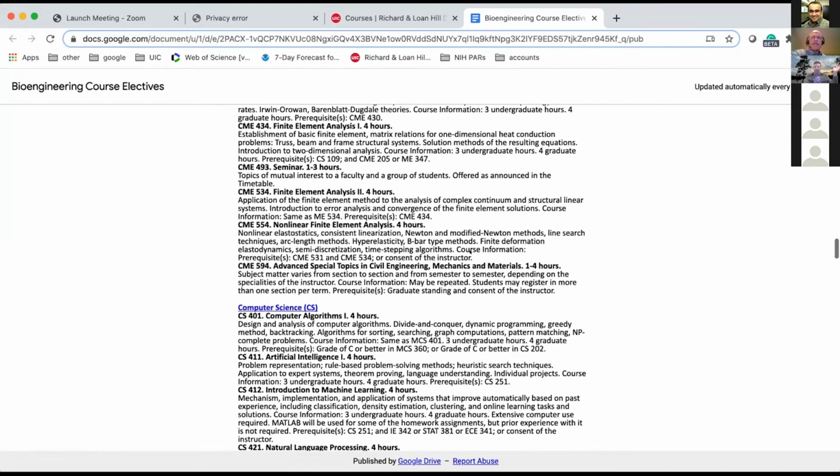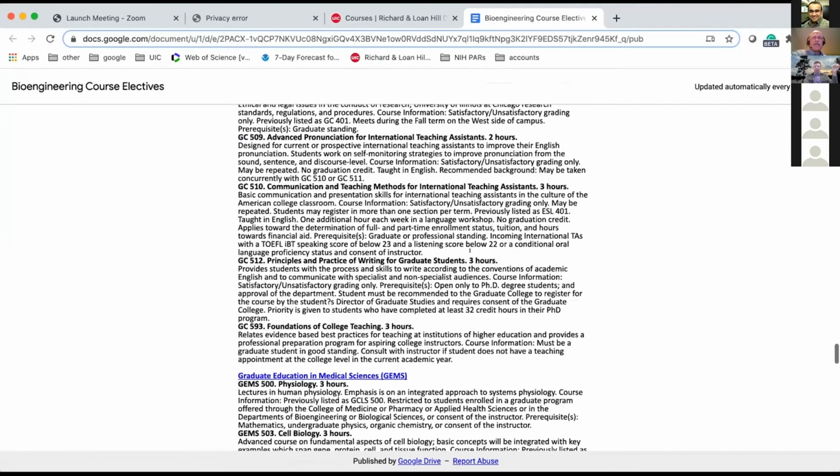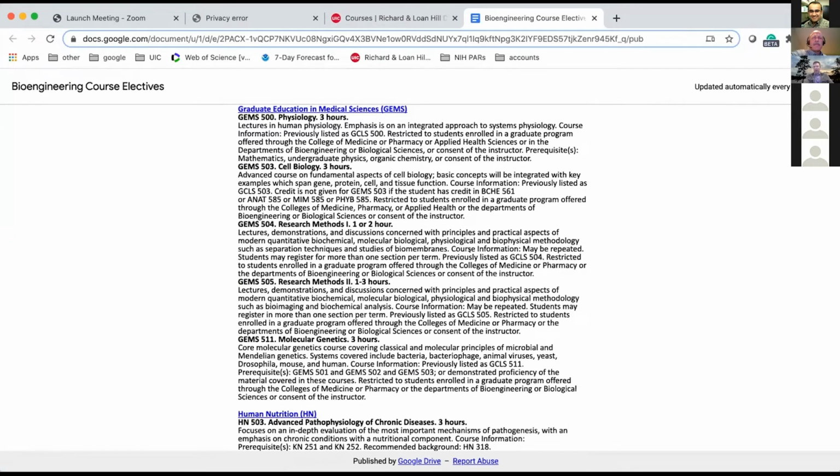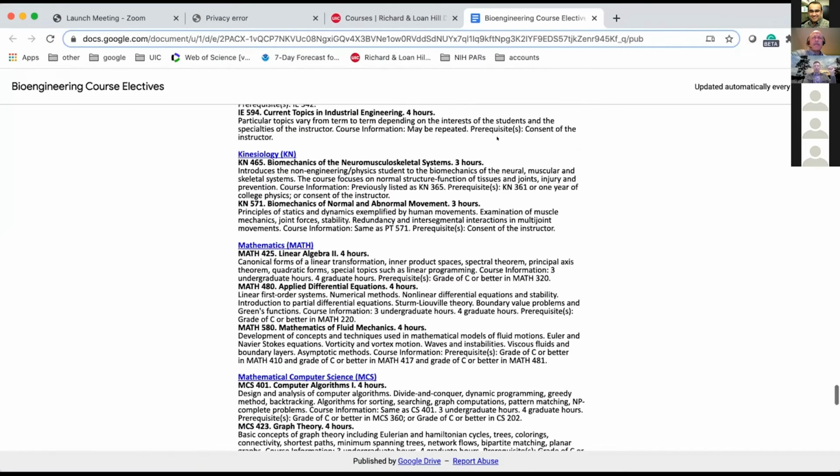So you can specialize in computer science, mechanical engineering, entrepreneurship, other biomedical science courses, all across the board. And so the coursework is very open-ended, as long as your thesis committee, if you're doing a thesis, agrees with it, or you're taking STEM courses.